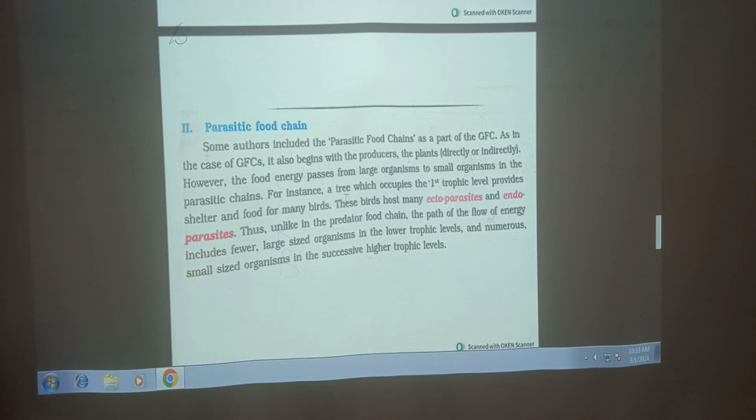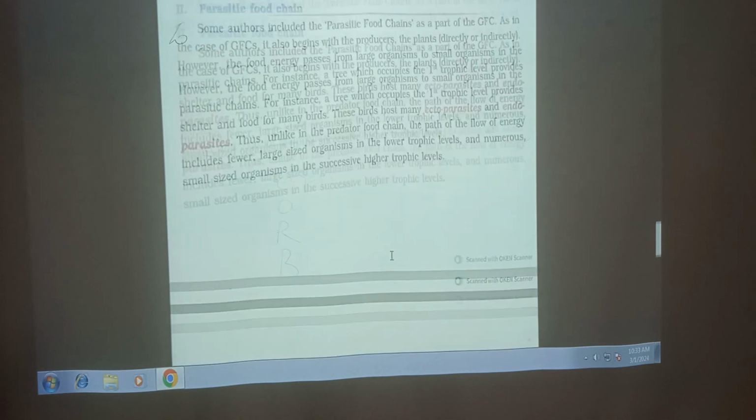For instance, a tree which occupies the first trophic level provides shelter and food for many birds. These birds host many ectoparasites and endoparasites. Thus, unlike in the predator food chain, the path of energy flow involves large-sized organisms at the lower trophic level and numerous small-sized organisms at successively higher trophic levels.